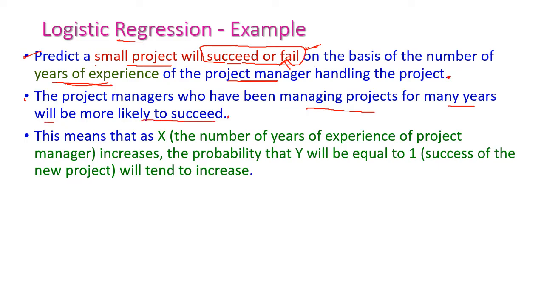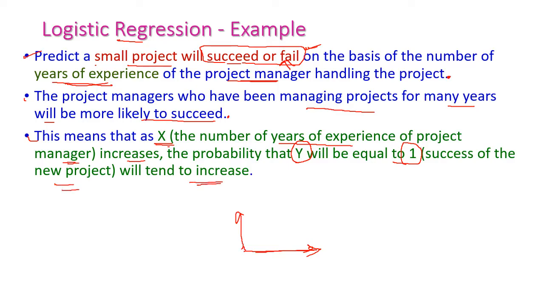If he has more experience, then the success rate will be high. As x, the number of years of experience of the project manager, increases, the probability that y equals 1, that is, the success of the new project, will increase.